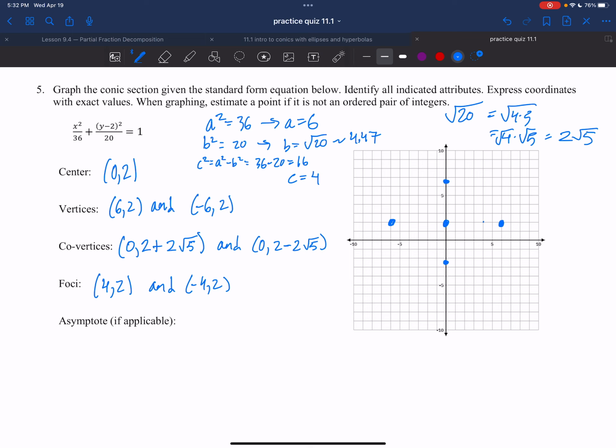So 4. Oh, wow, that's really close, huh? Oh, no, it's not that close. That's 4, comma 2 and negative 4, comma 2. And of course, I like to say F1 is this guy, and F2 is this guy. The equation of asymptote is not applicable.